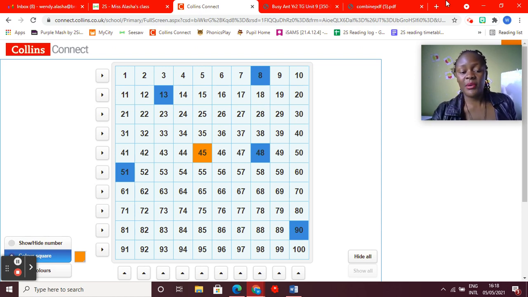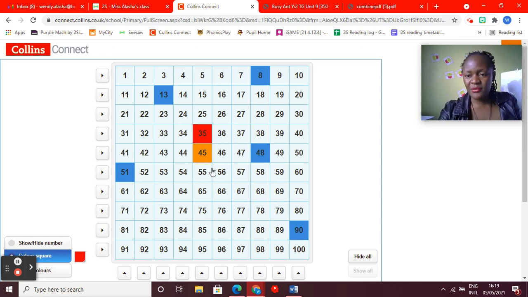I'm thinking about a new number altogether. I'm going to make that number red. 10 times less than 45. Well done, guys. If you know that counting going up and down in your tens, you're right. Because 10 times less than 45 would be 35.